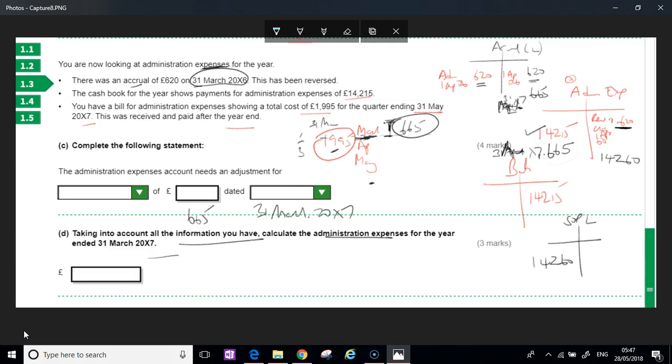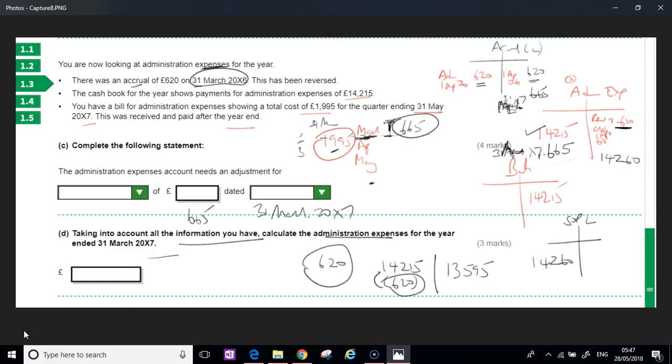Okay. Again, just finally showing you, very obviously, if you owe someone £620 and then you pay 14,215, well, the 620 of this is paying towards that. So that means 14,215 minus 620, so for the year, you'll pay 13,595, right? Because 620 out of this is paying what you owe from the previous year.